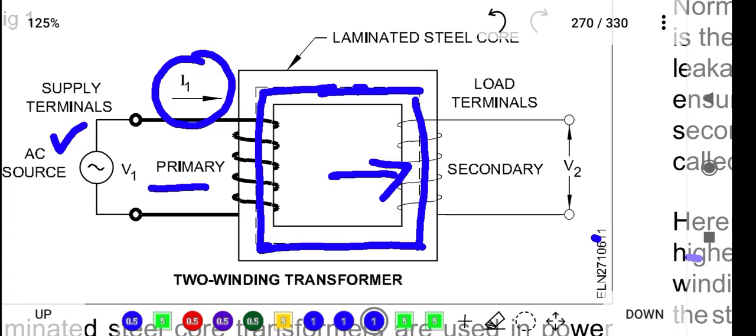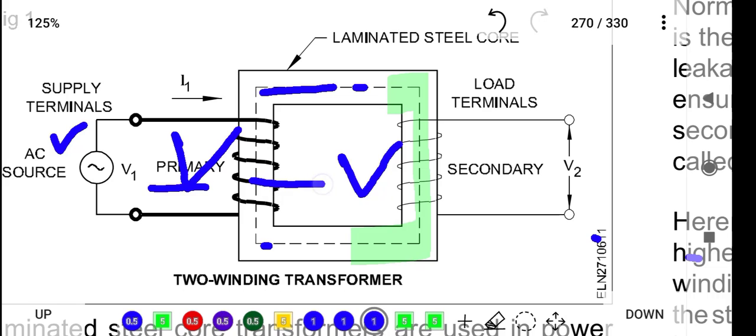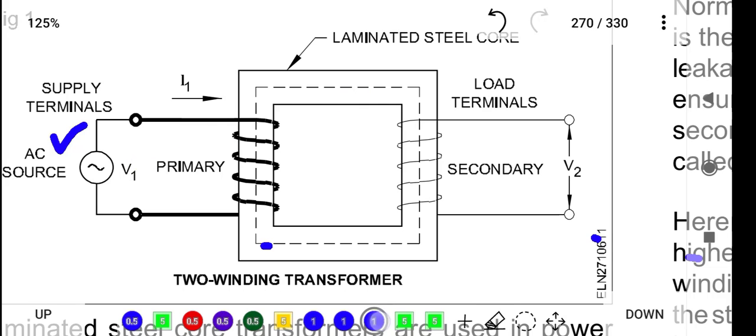So here also flux is set up. See here, flux is coming here also. This flux induces a voltage here. The voltage from the primary winding to the secondary winding is coming here. So we can say that when we pass the current in the primary winding, it sets up a flux.